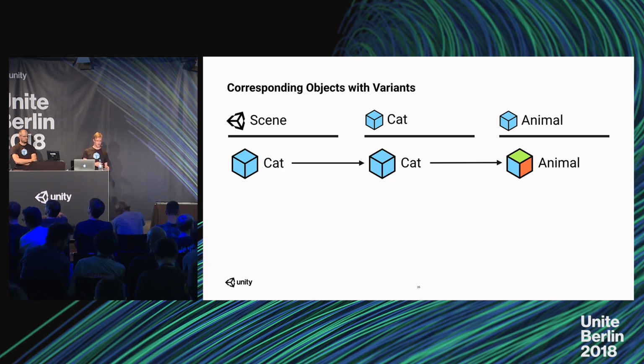This is worth paying attention to here, because in the middle we have the cat prefab asset, and inside it you see a prefab instance, but that's an instance of the animal. Even though it's called cat, it's still an instance of the animal prefab. But again, you have the corresponding object chain, where the object in the scene has a corresponding object in the cat prefab asset, and that has a corresponding object inside the animal prefab asset.